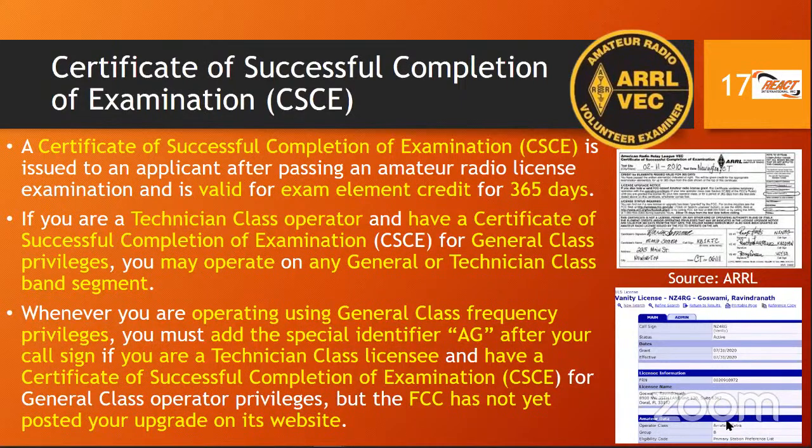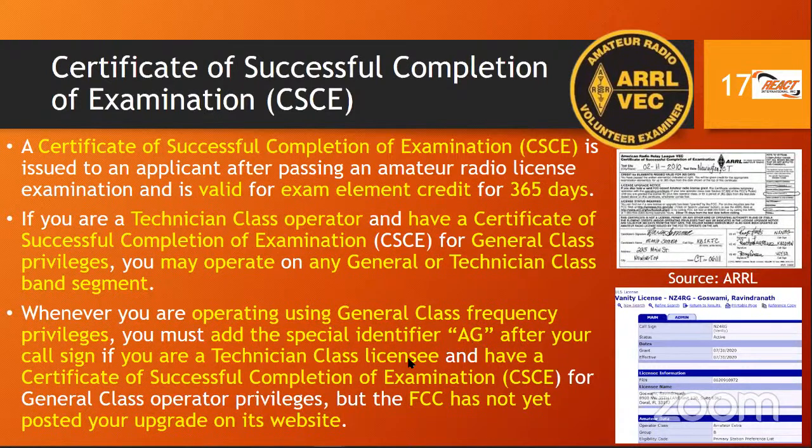And you're still showing up as a technician class, but you passed your exam. You have your CSCE for general class. You can use the privileges of general class. You just need to identify yourself when you're giving your call signs and having that identifier as a suffix, Alpha Golf. So you will give your call sign, whatever it is, Alpha Golf.